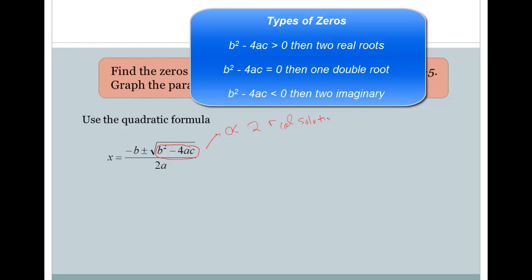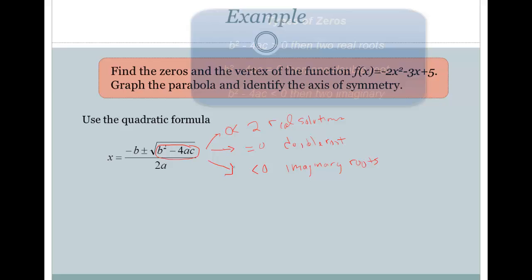If it's equal to 0, we have a double root. Not writing very well today. And down here, if this is less than 0, then we have imaginary roots. So hopefully you guys remember that. If not, you should review it, because I'm assuming that you understand and know the quadratic formula. Okay, so with that said, let's go on.